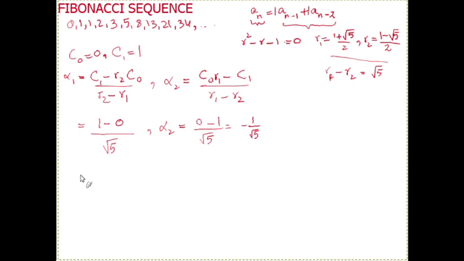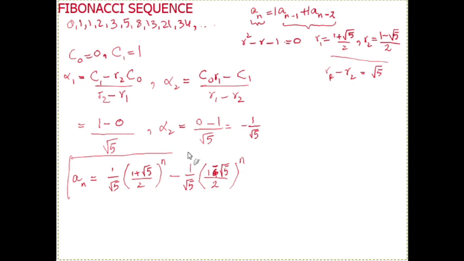So our final equation should be: alpha 1 is 1 over root 5, times R1 to the n, where R1 is 1 plus root 5 over 2, to the n. Then alpha 2 is negative 1 over root 5, times 1 minus root 5 over 2, to the n. Okay. So I find it pretty amazing that a sequence in which every number is the sum of the previous two numbers can be written as a closed form expression here.